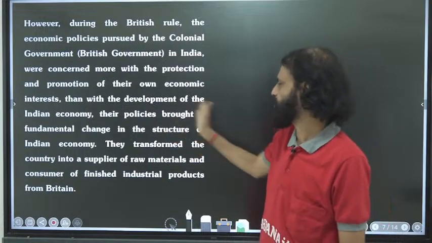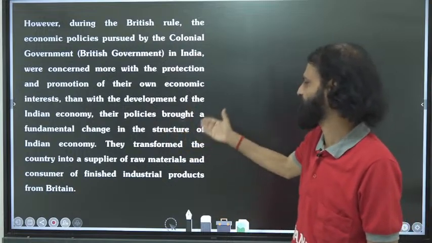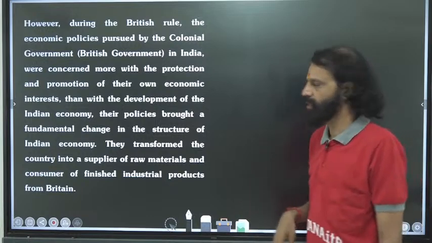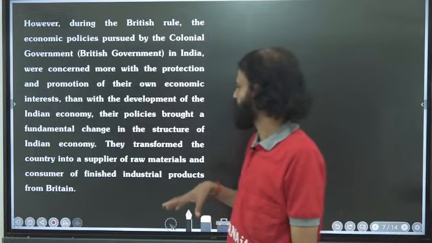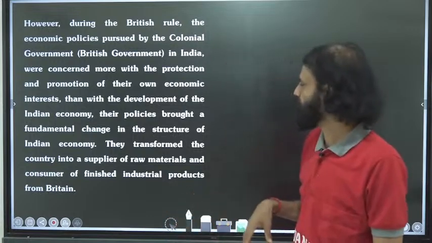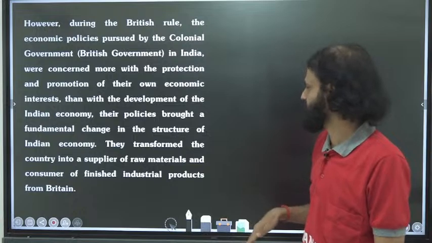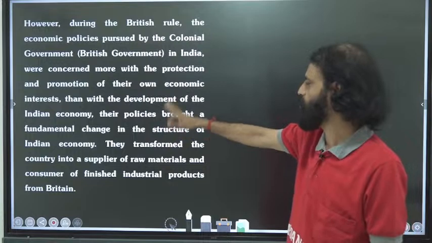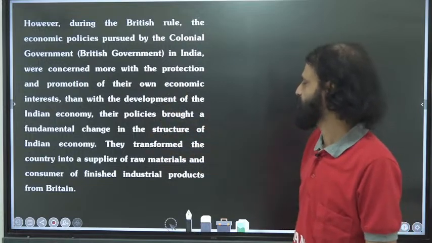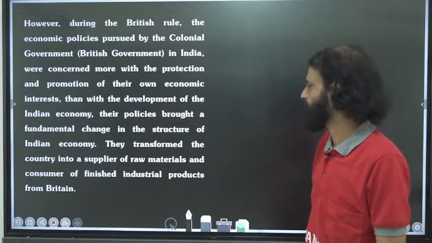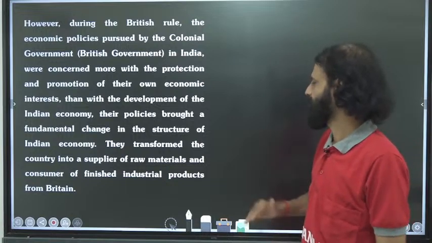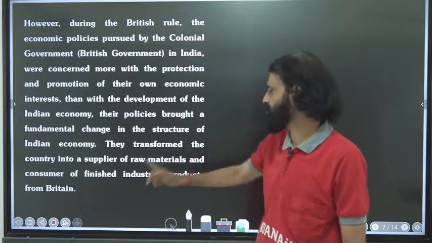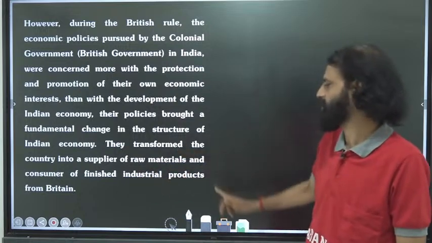Their policies brought a fundamental change in the structure of the Indian economy. All those unwanted laws damaged and degraded the Indian economy to a poor state. They transformed the country into a supplier of raw materials and a consumer of finished industrial products from Britain.